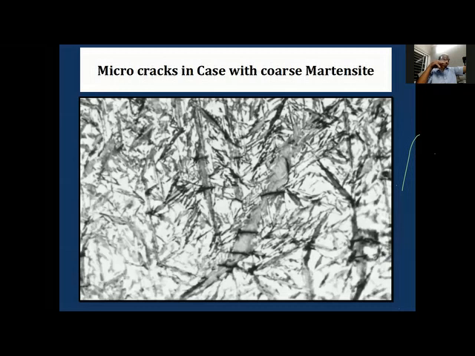Those may not immediately affect the performance, but over a period, they will act as stress raisers under fluctuating load conditions or stress levels, and they will be starting points for fatigue cracks. So that's why today everybody specifies a fine-grained structure so that we do not get coarse martensite.